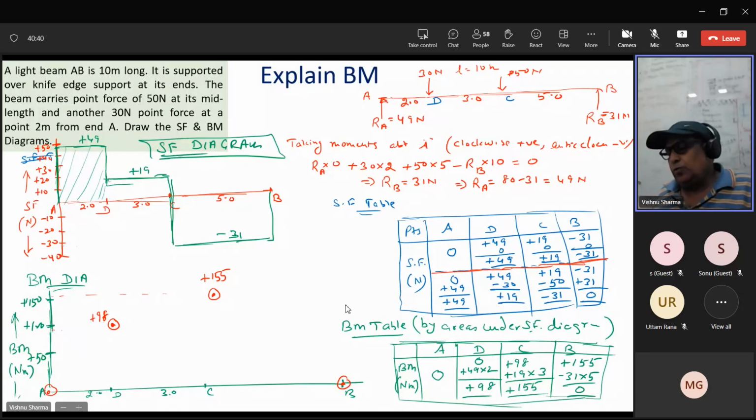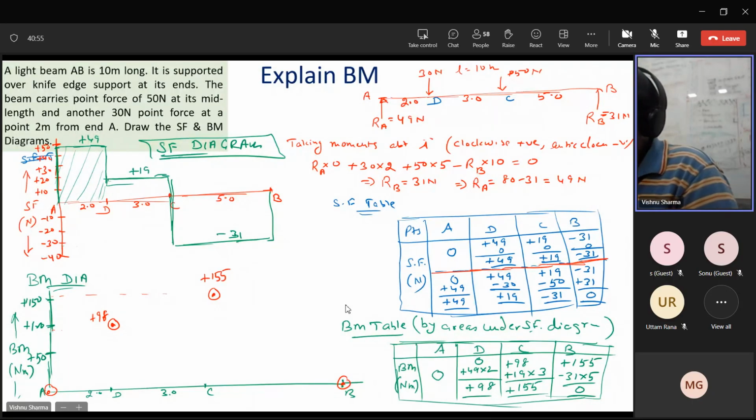My question to you is, and I'll answer myself only, how have we got the BM? We have got the BM by integrating areas under the shearing force diagram. Look at the shearing force diagram, guys, and what I'm drawing you don't have to draw. Is the shearing force area from A to D changing at a uniform rate, yes or no?